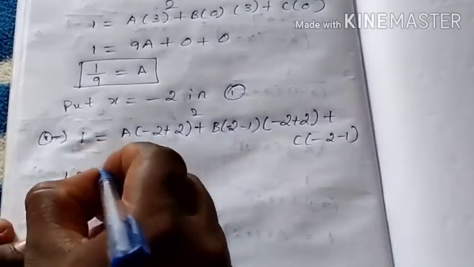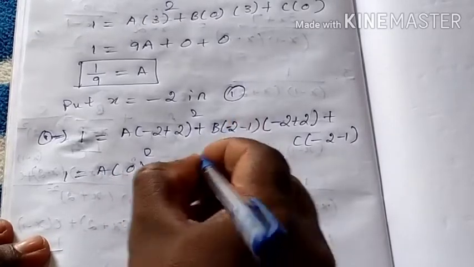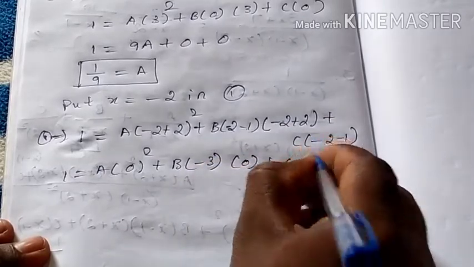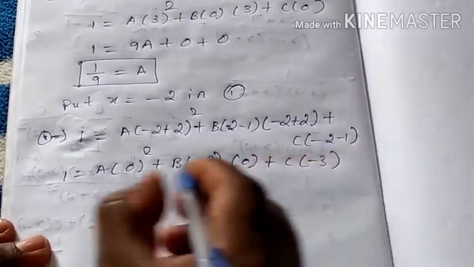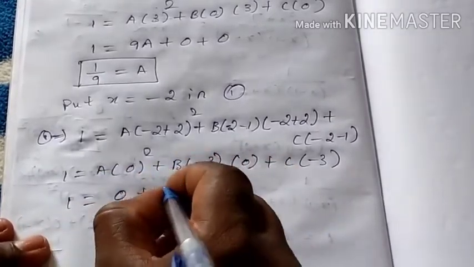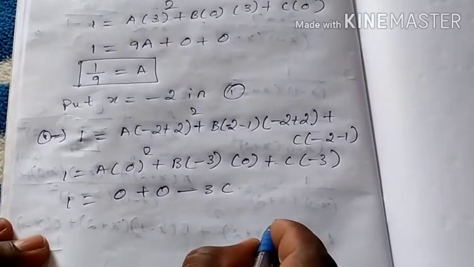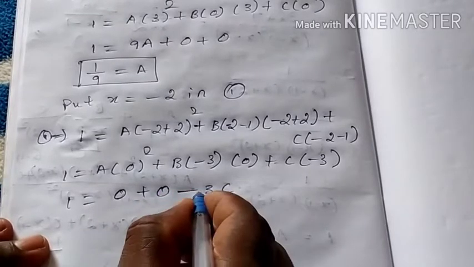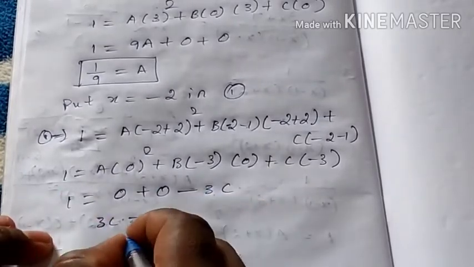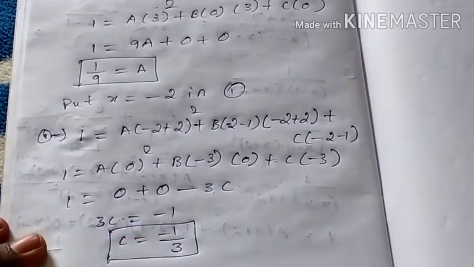So 1 equals a into 0 square, plus b into minus 3 into 0, plus c into minus 3. So 0 into a is 0, plus 0 into b is 0, plus c into minus 3, minus 3c. Making the transposition, we get 3c equals minus 1. So c is equal to minus 1 by 3. Have you understood?